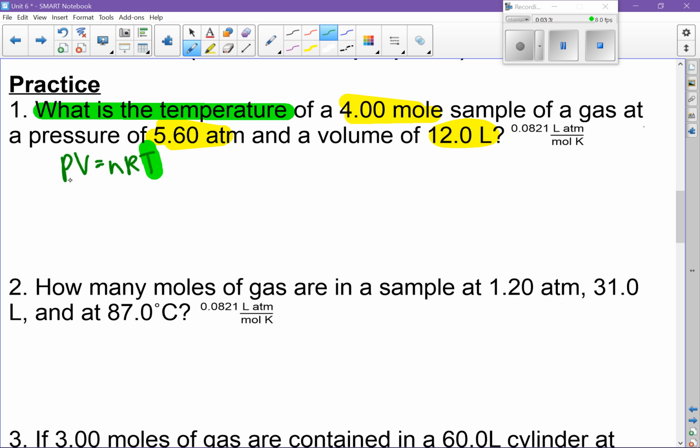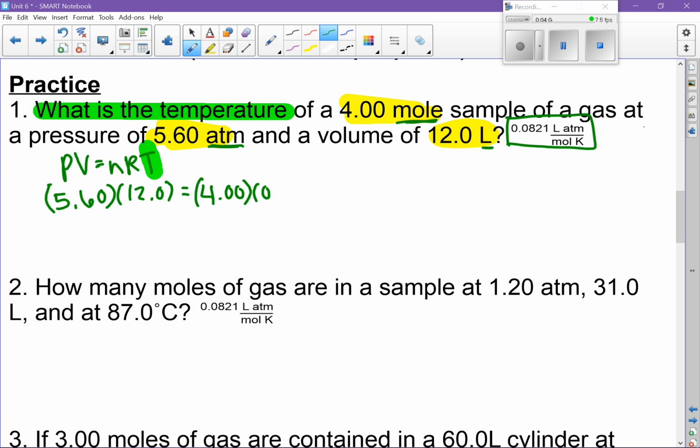P stands for pressure. The units for pressure are atm, so 5.60 goes there. V stands for volume. The unit has to be liters, so it's 12.0. n means number of moles, it says moles right there. Then we have R. Remember, R is the constant. It is given to you right here.